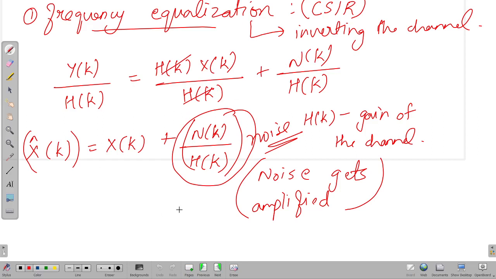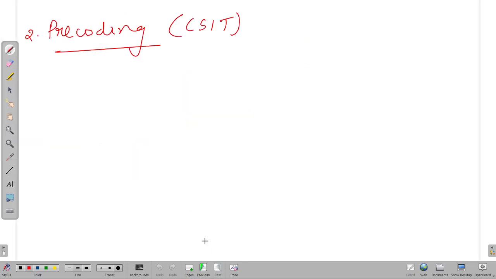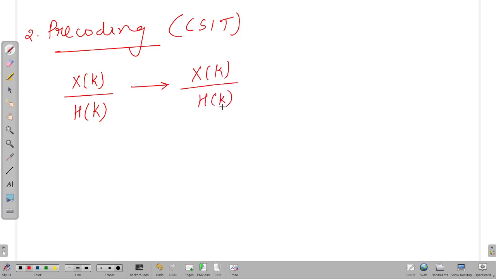Here in pre-coding, we are trying to equalize at the transmitter end, and the transmitter needs to have knowledge about the channel state information. So instead of transmitting signal x of k, you transmit x of k divided by h of k.